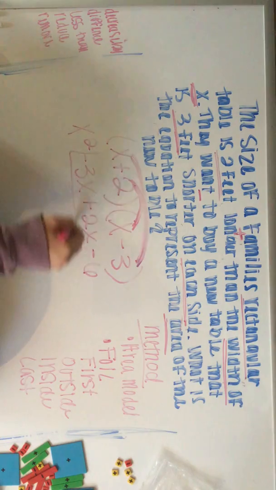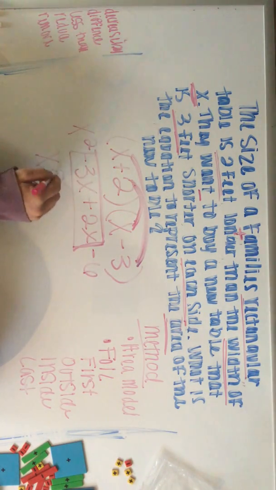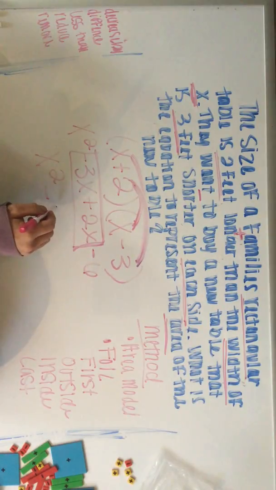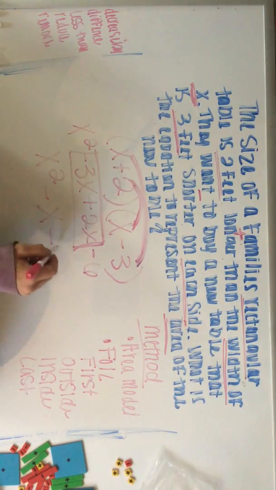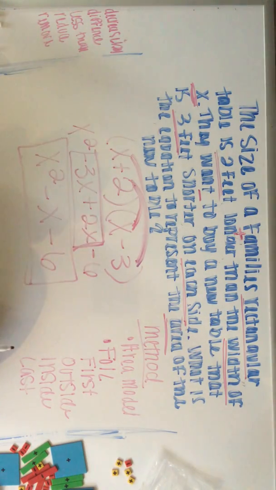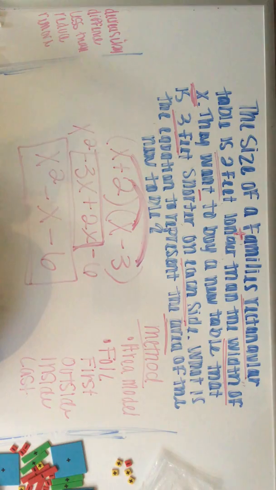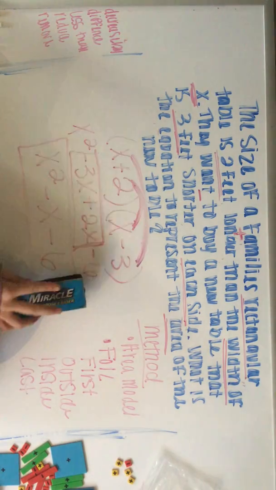And then we're going to combine like terms, giving us once again x squared minus x or 1x minus 6, and that being our final answer. This method uses the distribution property of each number, which is always a great property to refer back to and remember.